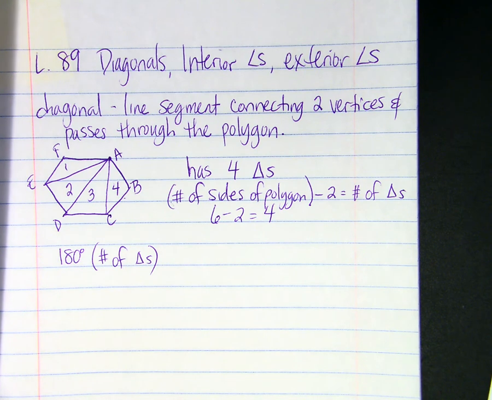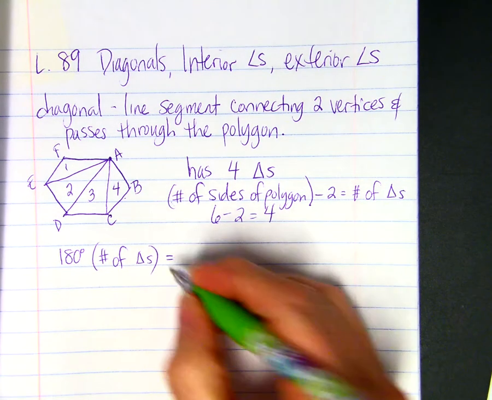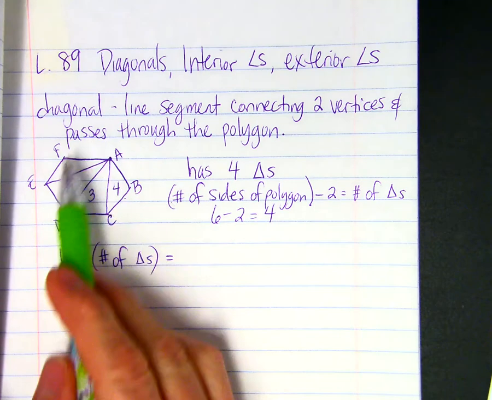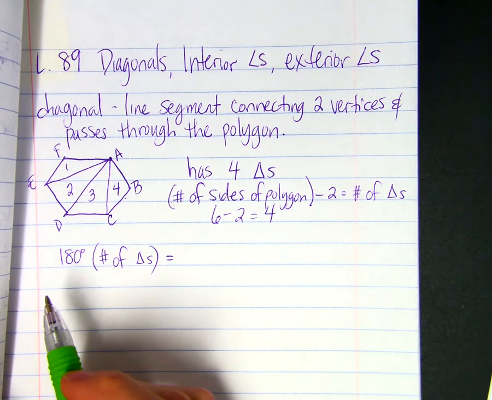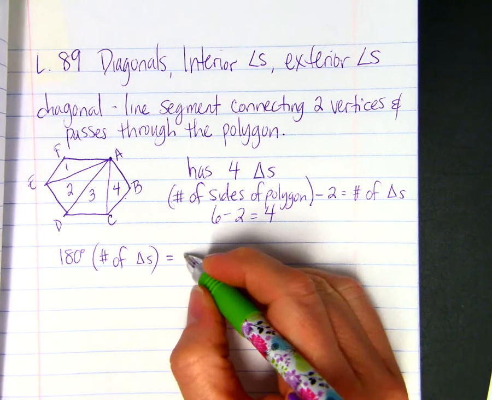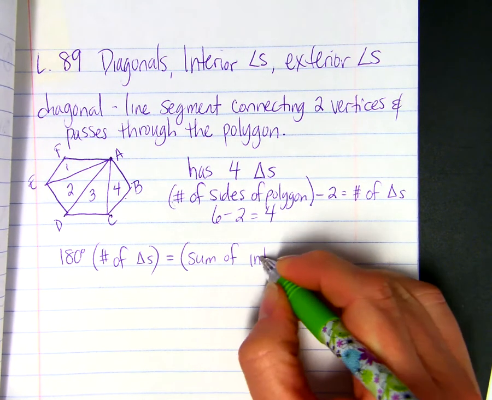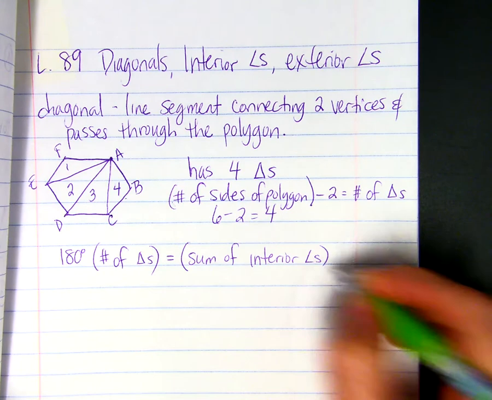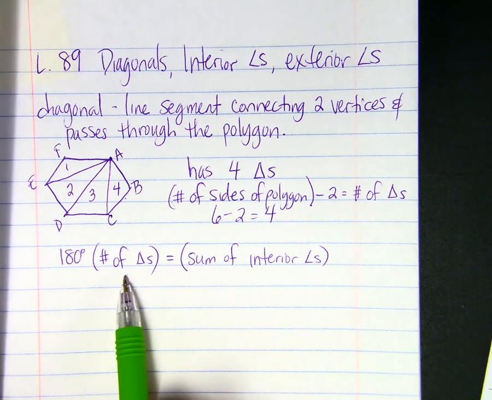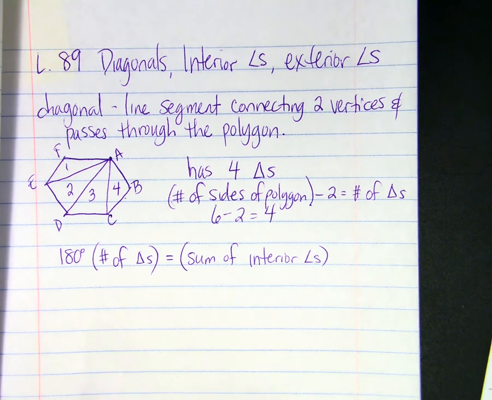So if we did 180 times 4, it would give us the sum of the interior angles. So remember, to find the number of triangles, you take 2 less than the number of sides.